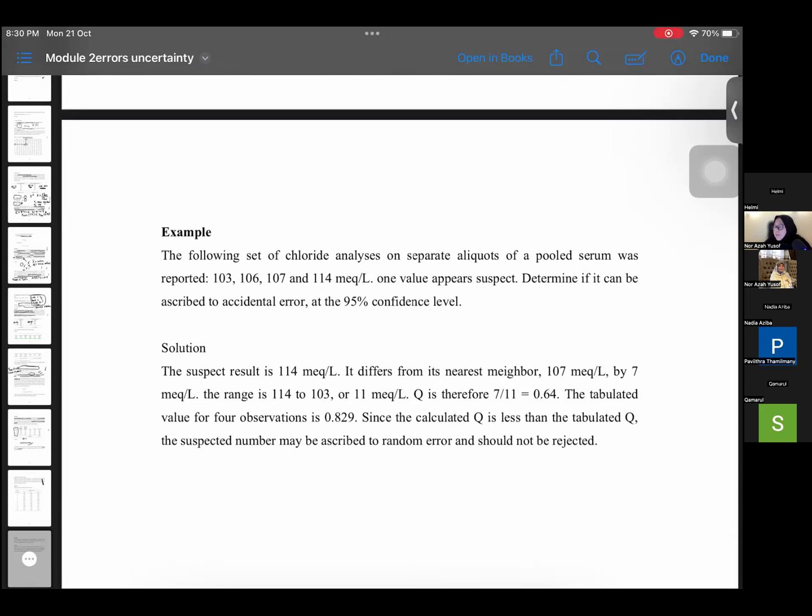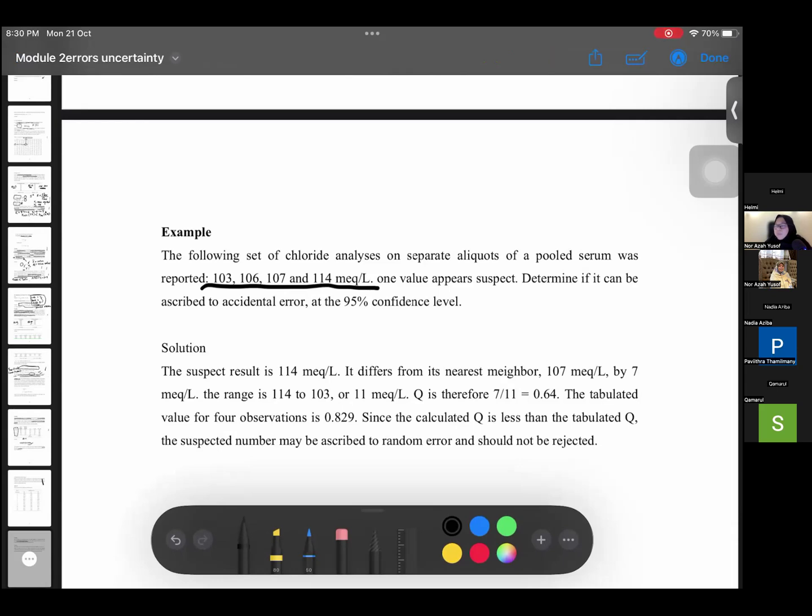The following set of chloride analyses on separate aliquots of whole serum was reported. One value appears suspicious. Determine if it can be ascribed to accidental error at the 95% confidence level. So the suspect is 114. How do you know it is 114?